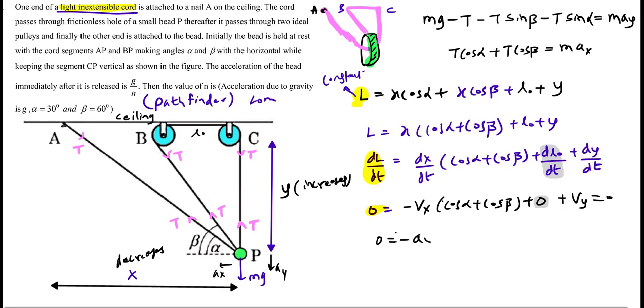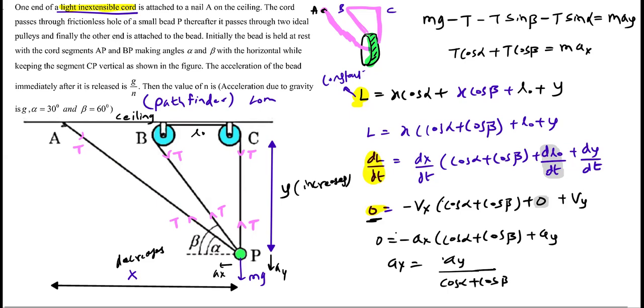So further, minus Ax cos alpha plus cos beta plus Ay equals 0. Only one 0 is there. Ax is equal to Ay by cos alpha plus cos beta.